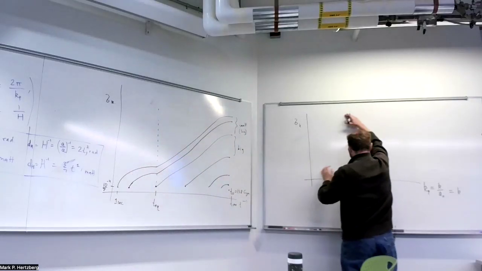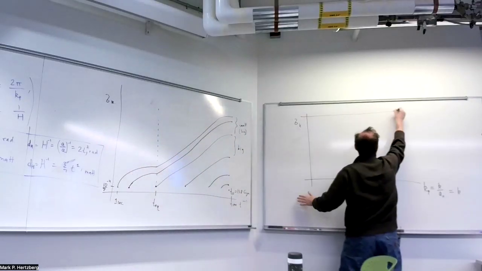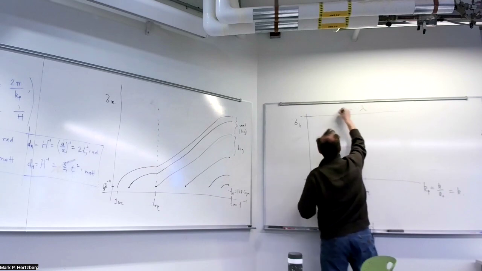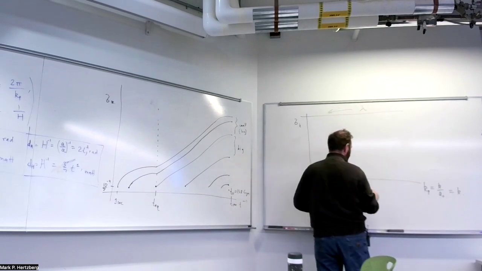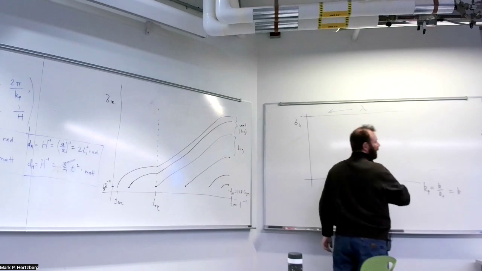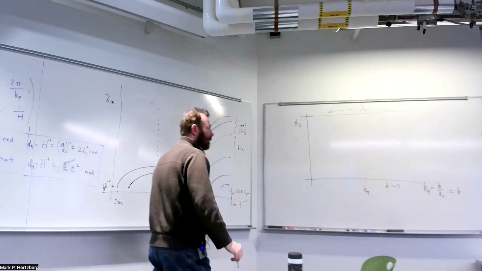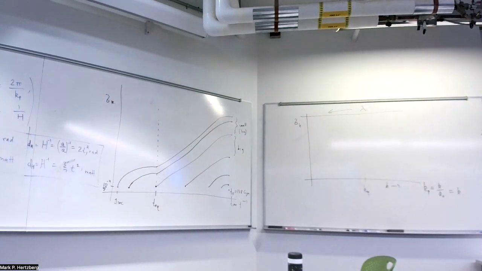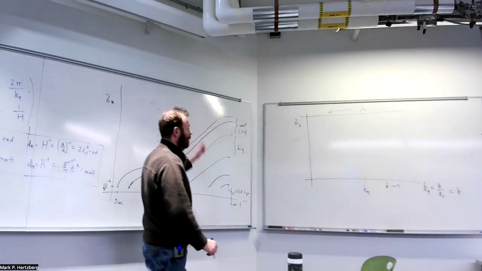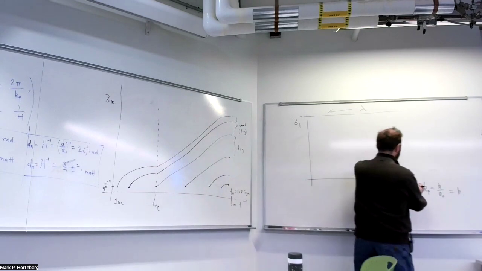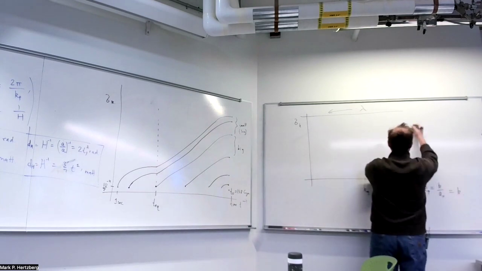So sometimes it's useful to have both K and lambda on the same plot. So lambda goes this way, long to short, K goes that way. So we started our discussion here at the shortest wavelength modes. They get the biggest growth. So this short wavelength mode here is up here somewhere, let's say.